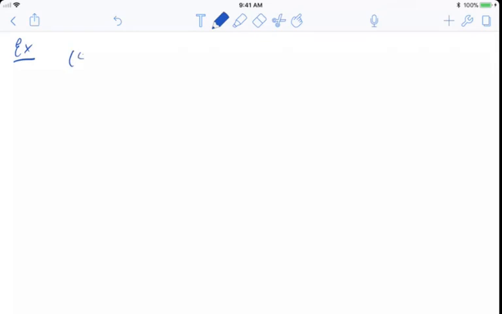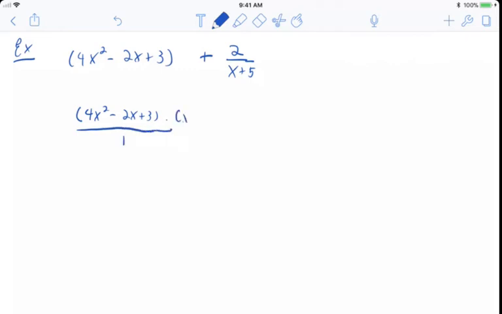For x squared minus 2x plus 3. I'm not going to write the whole fraction thing on the side anymore. That was just to elaborate on why we're doing what we're doing. To add these together, I need their denominators to match. So I'm going to say that the denominator of this first term is 1, and then multiply it top and bottom by x plus 5.